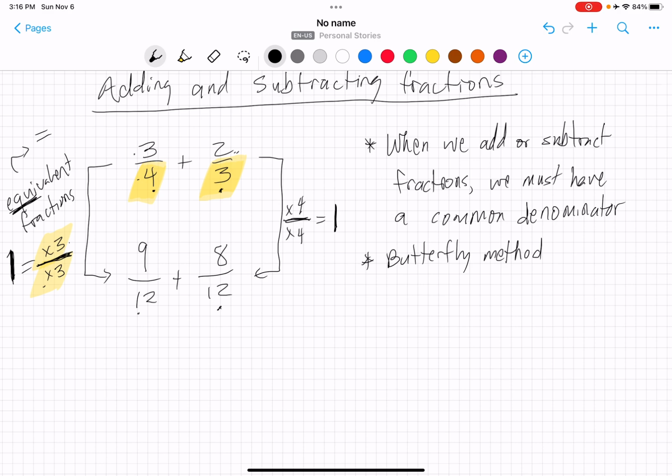So now that we have common denominators, remember our other rule was that when we add and subtract, the denominator will stay the same.